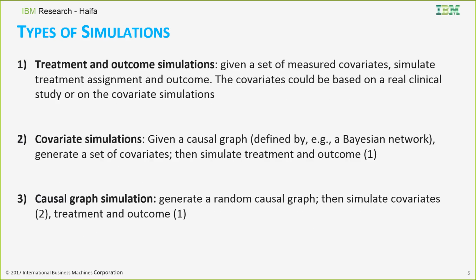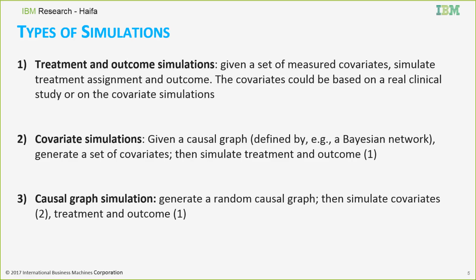So you can do the simulation in three different levels. I guess the simplest one is to just take covariates that were measured or collected for some population and just simulate the treatment assignment and the outcome given the treatment assignment.